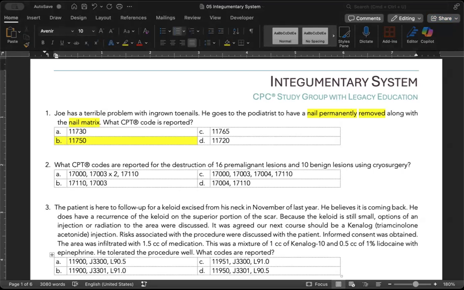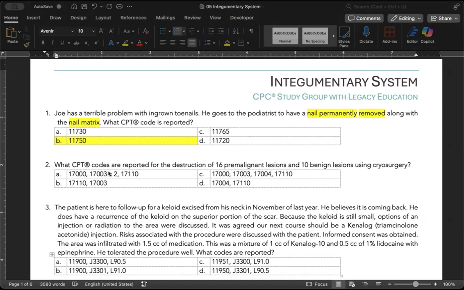So do we want to use 17,000? One of them would be 17004 because there's 16. Correct. Yep. So the 17,000, yes, is for premalignant lesions. 17003 is for the second through the 14 lesions.